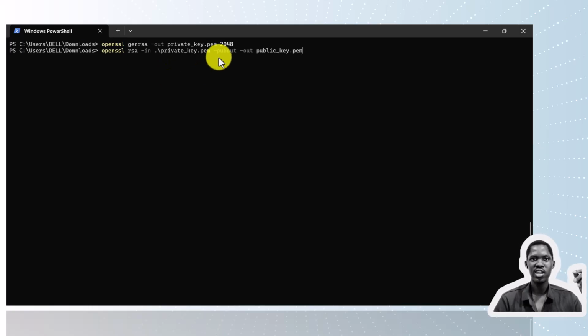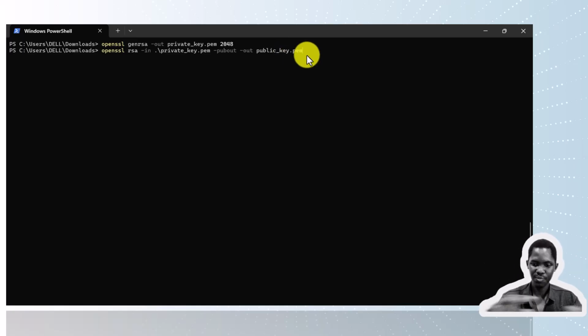So this is telling OpenSSL that I want to generate a public key out of this. And the output file, I want it to be outputted in public key.pem. Create a file public key.pem and let me put the public key inside it. It's as simple as that, very short.